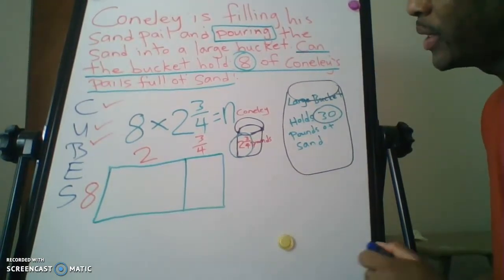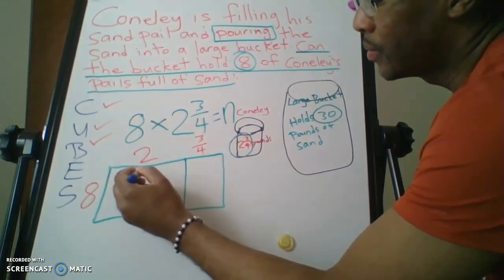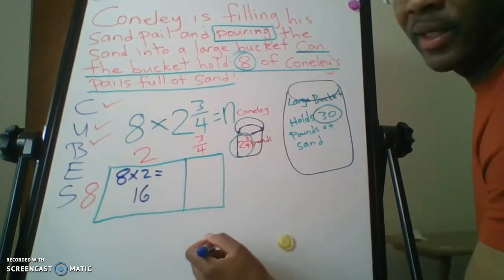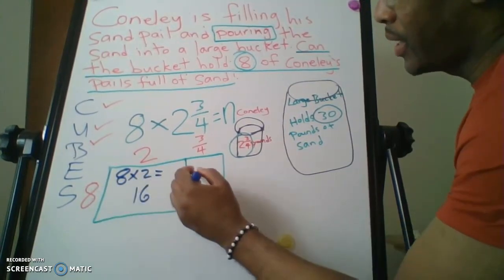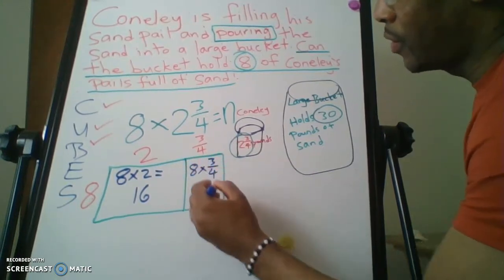And now I'm going to multiply 8 times 2. That is equal to 16. Now I'm going to multiply 8 times 3/4.